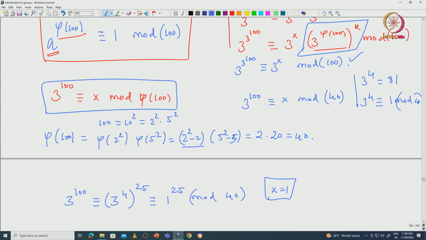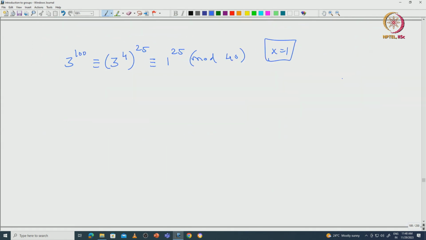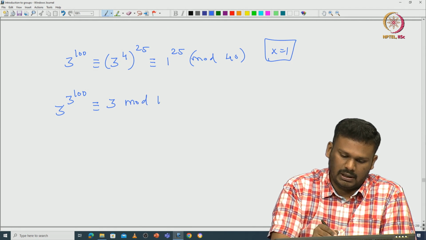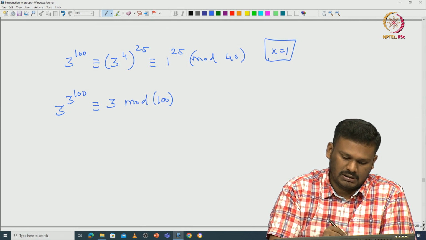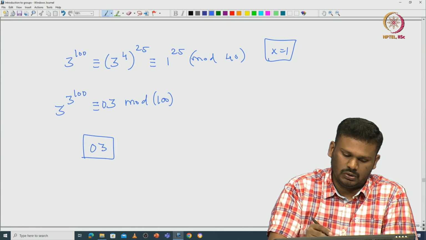So if you substitute back in this, you can see that 3 power 100 is congruent to 3 modulo 100. So that means 0 and 3, because this is 03.